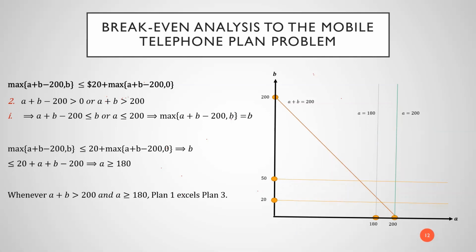Okay. In the first one, I assume that B is greater than or equal to the first phrase, A plus B minus 200. You can simplify it as A is less than or equal to 200. In this case, the maximum function will result in B. Okay?